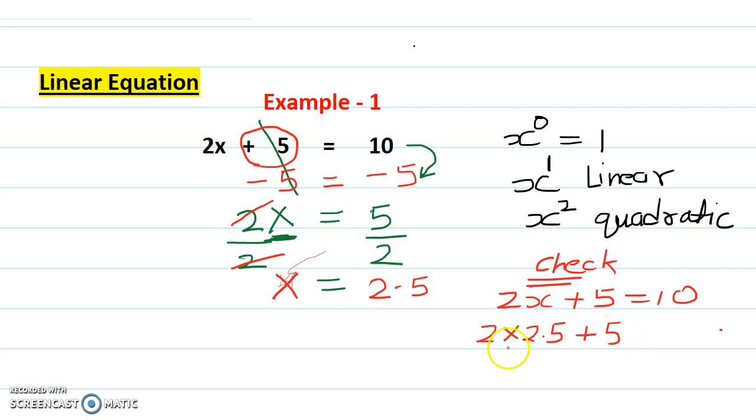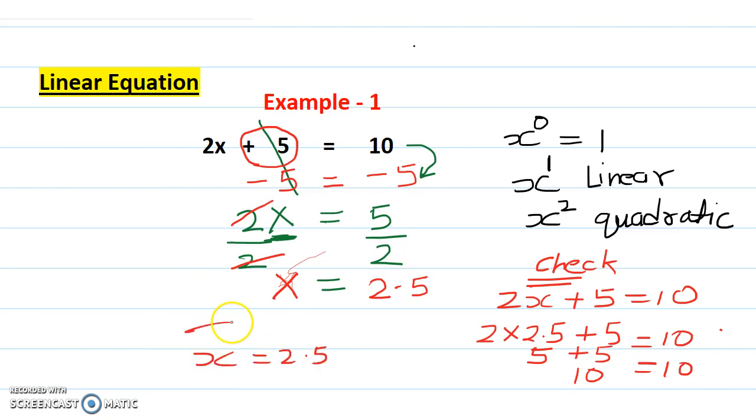If you solve, 2 times 2.5 is 5 and 5 plus 5 is 10. So the left hand side of the equal sign is 10 and the right hand side is 10. So it means our working is right, and we have got x is 2.5. This is our answer.